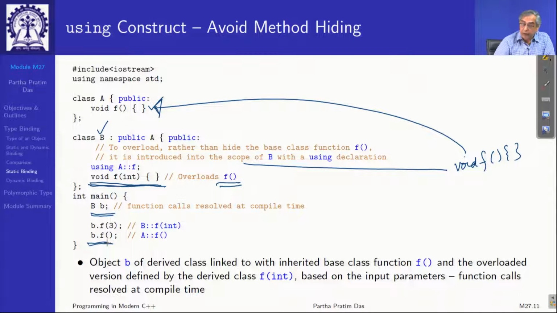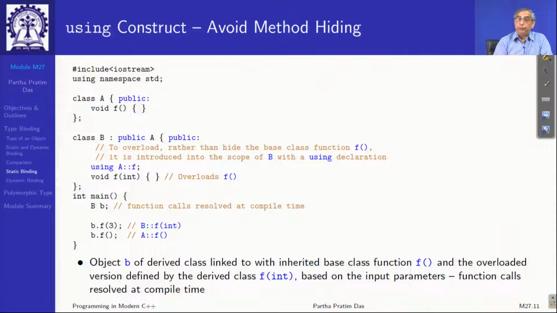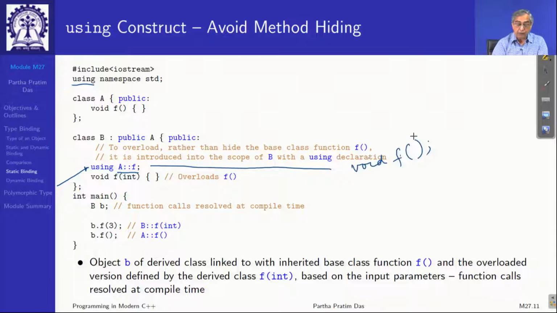So, to avoid this problem, a new use of the using keyword is introduced. You already have seen that in terms of namespace. It is a different context where we are doing using. So, it says using A colon colon f. What does it mean? It means do preserve the function f from the base class and treat this as an overload.